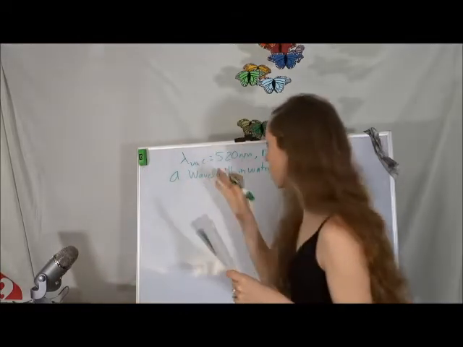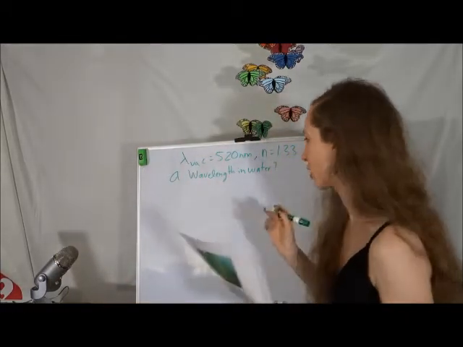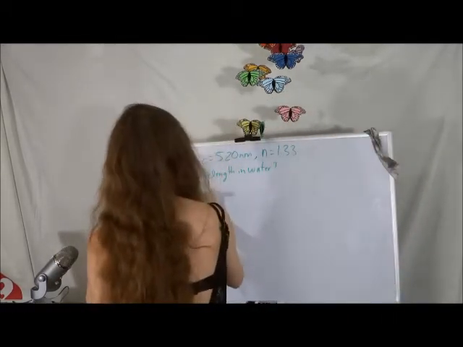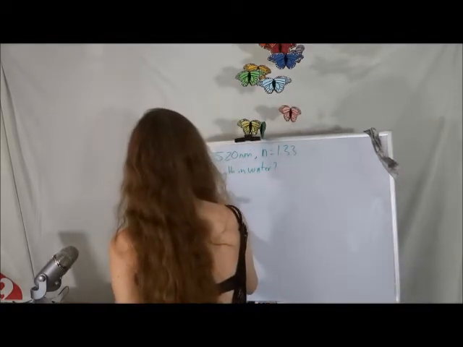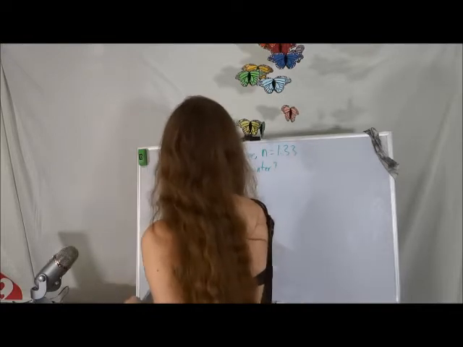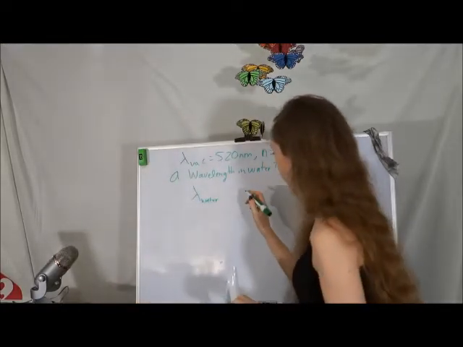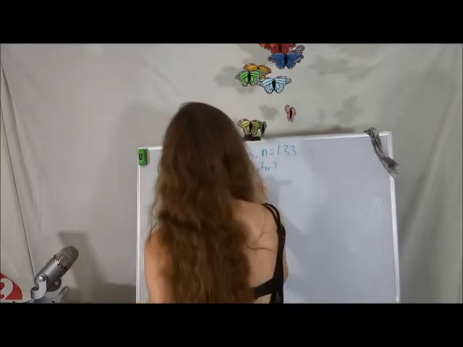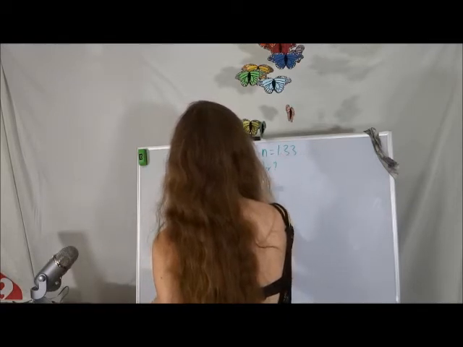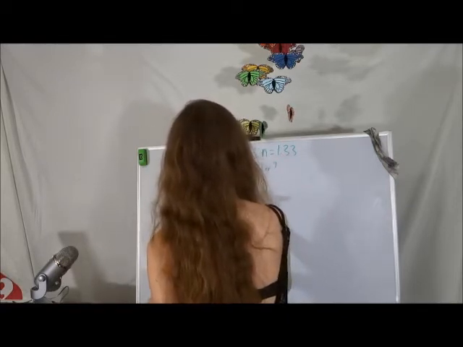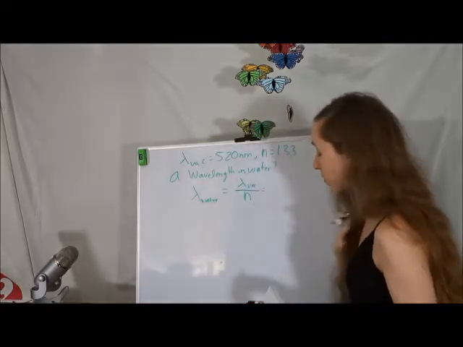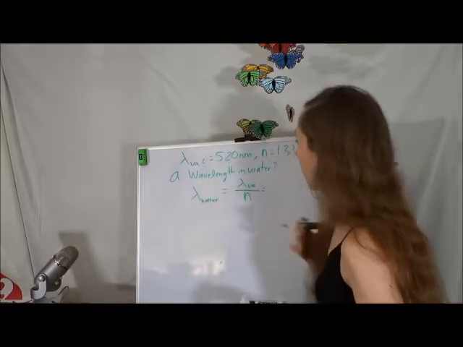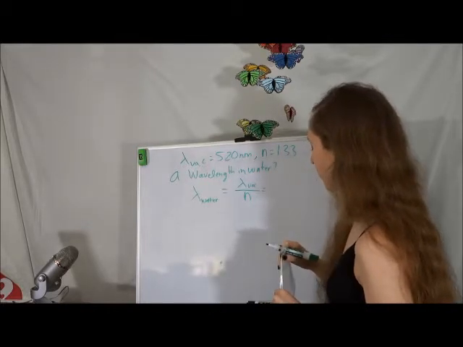Well, we just learned how our light changes in a material. So we're going to have that lambda, and instead of saying sub mat, I'm just going to use sub water, because it's water we're working with. So lambda sub water is going to be equal to our wavelength in vacuum divided by our index of refraction. So our wavelength in vacuum is 520 nanometers.